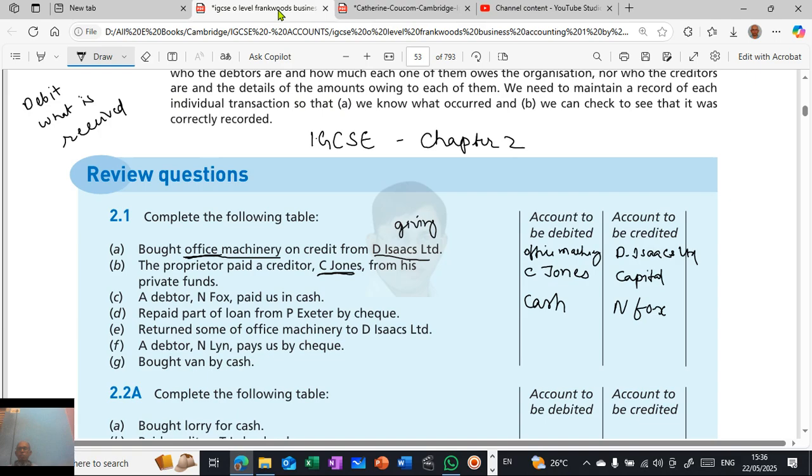Then, repaid part of loan to P Exeter by cheque. So what is happening here? Money is going out of bank, so bank account will be credited.